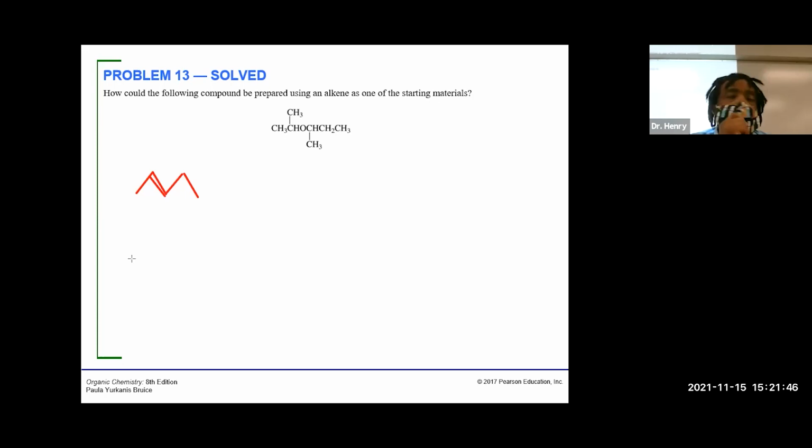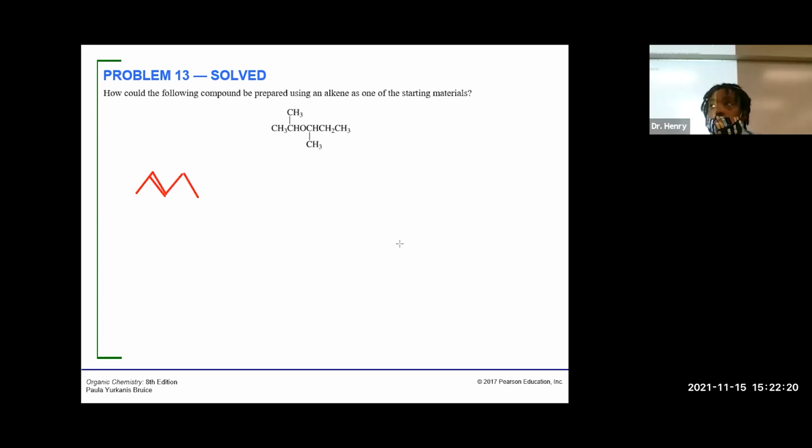So what I recommend that you guys do, so what is your longest carbon chain on the product? How many? So my longest carbon chain is 4. So why would I have a pentene, right? So think about your longest carbon chain. Okay, so if my longest carbon chain is a 4, then it's probably going to be a butene, right?